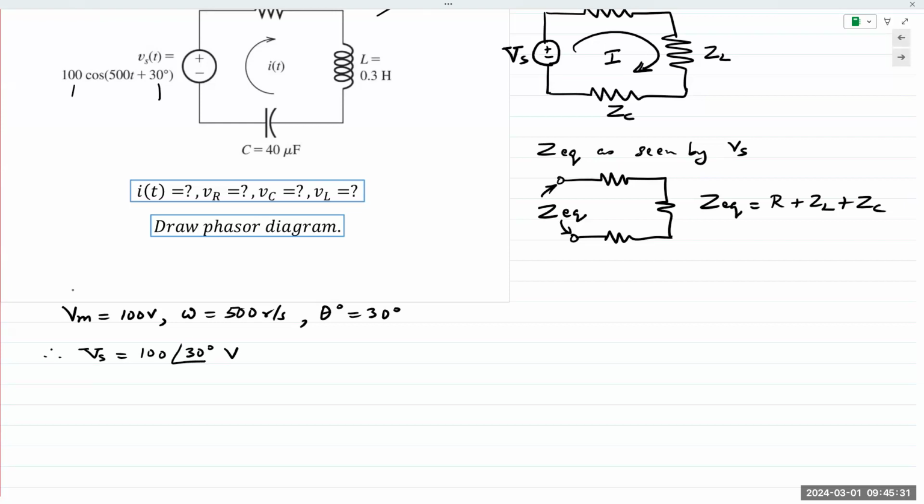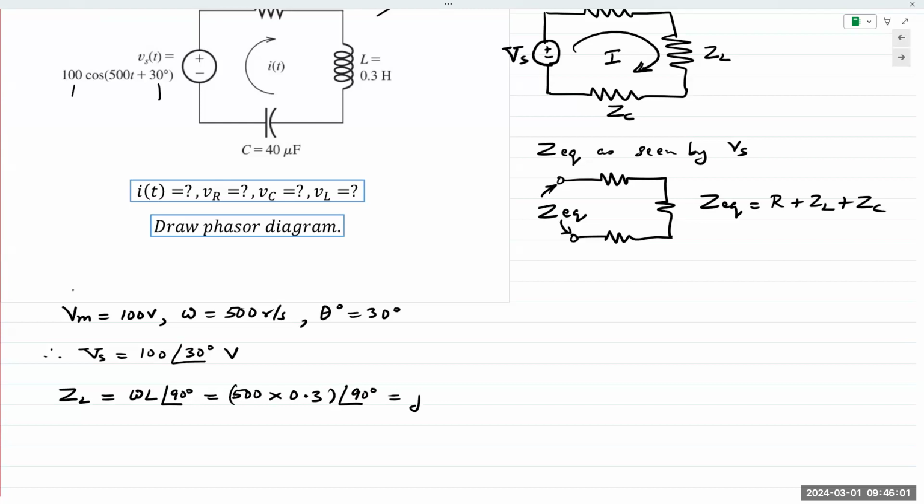Now, I want to find ZL and ZC. ZL would be either j omega L or omega L with an angle of 90. So it would be 500 times 0.3 henry with a phase angle of 90 degrees.